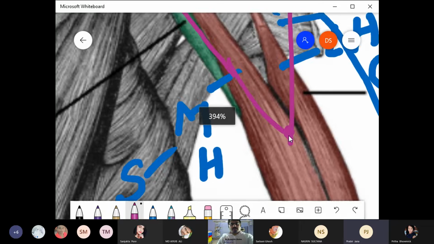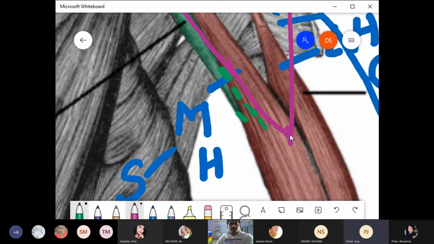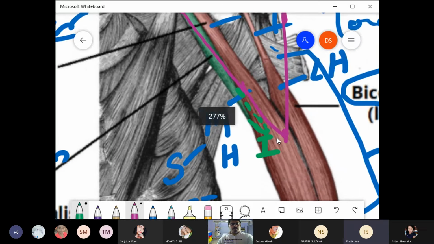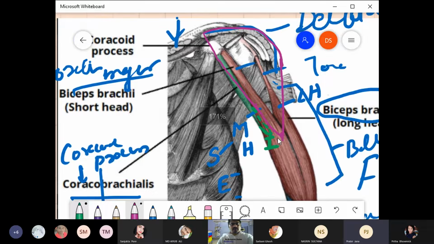Now, at this level of the deltoid tuberosity, this green colored muscle enters. So if I continue with this green coloration, this is where the muscle will get inserted. I'm writing here an I, just to show you that this is the exact area where the Coracobrachialis should be inserted, but that point of insertion is not visible in the diagram just because it is overlaid by the belly of the biceps brachii.